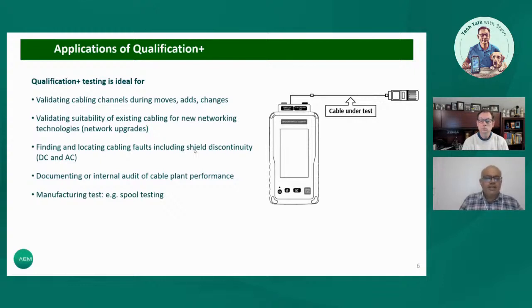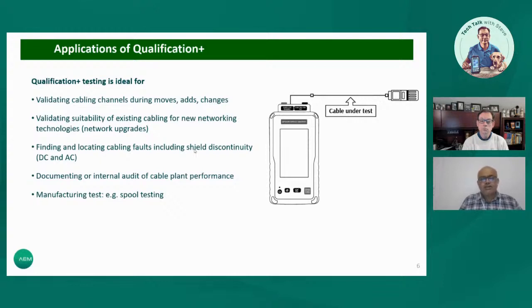The third area is finding and locating cable faults. NSA, although it is only one tester, is equally powerful in finding cable faults and locating them. In this tester, all the fault location plots, the RL fault locator and NEXT fault locator, are equally powerful as with the certification tester. So you can pinpoint where the problems are.